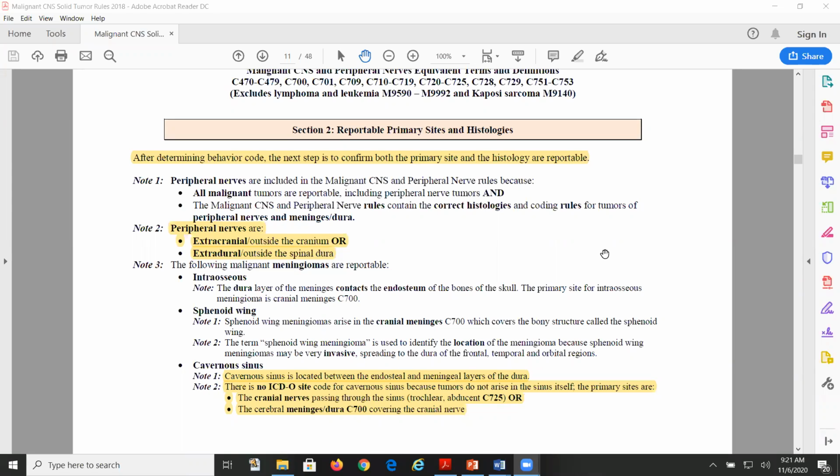Non-malignant behavior /1 or /0 tumors are only reportable if they are within the central nervous system.